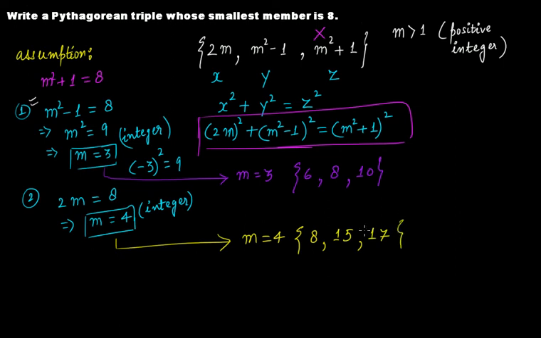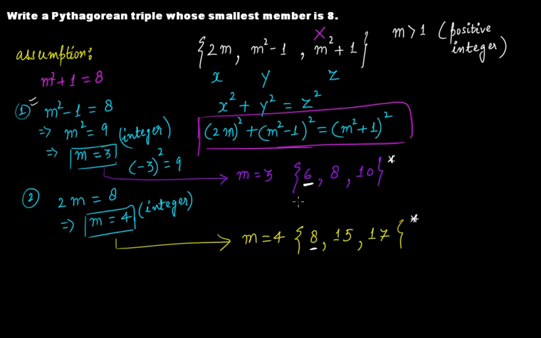Now, if you check this one, in this Pythagorean triple, 6 is the smallest member and not 8. But if you check this Pythagorean triple, 8, 15, 17, then 8 is the smallest member as per this question. It satisfied this condition.